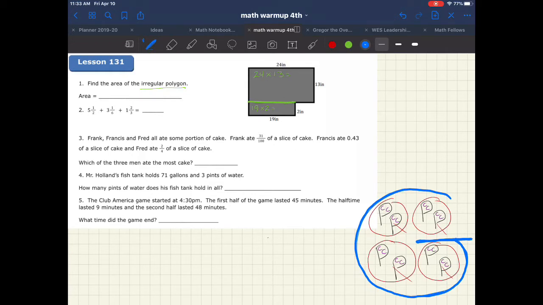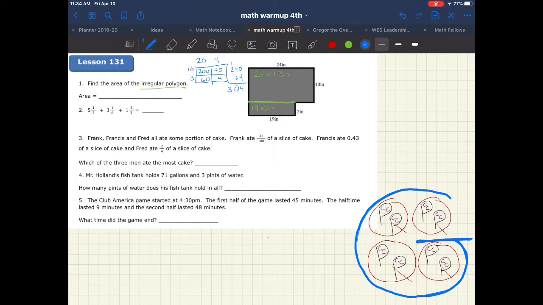24 times 13, we get 240, 64. So 240 plus 64 is 304.